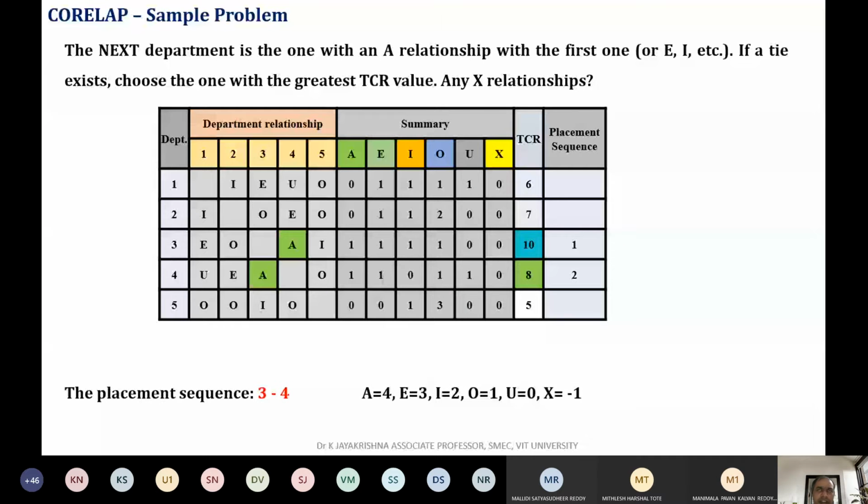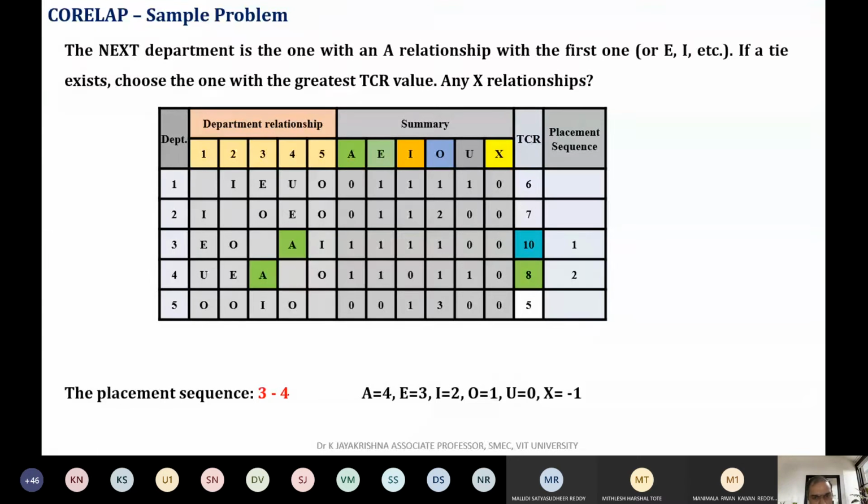For example, if I selected department number 3 and I have selected department number 4, then if I want to place the next department, I will compare the relationship between first, second, and fifth department with department number 4 only. I won't be bothering about department number 3, because department number 3 is already placed. I'll just worry about the relationship shared by 1, 2, and 5 with 4.